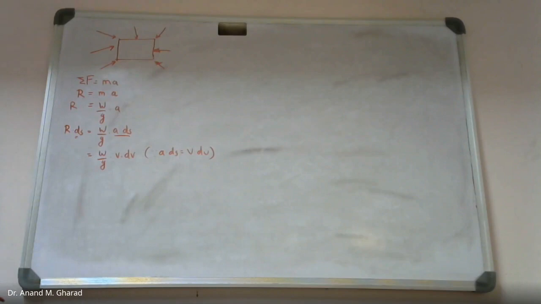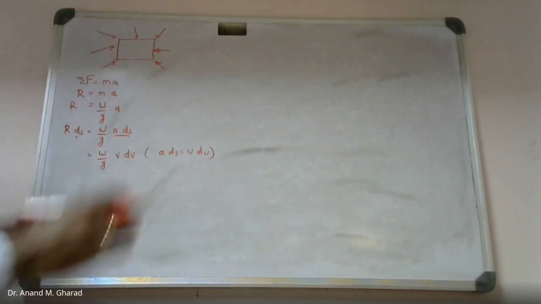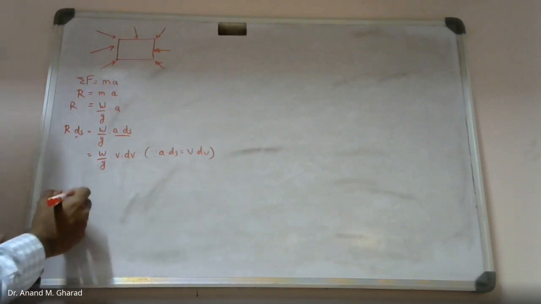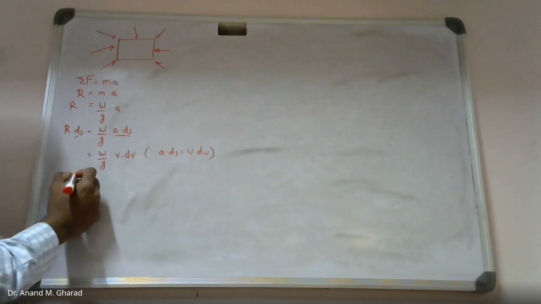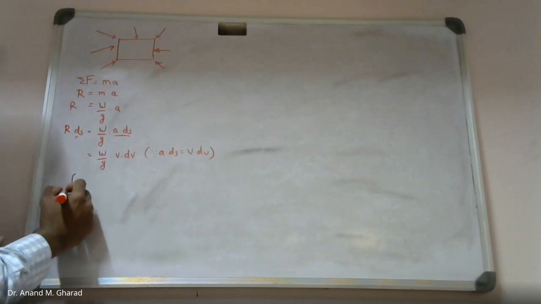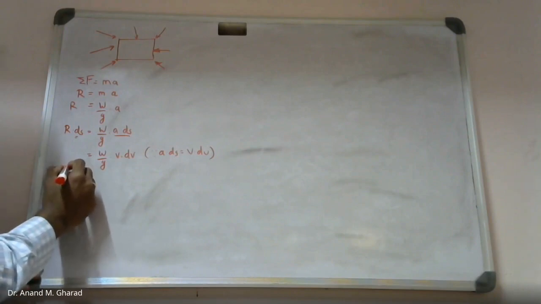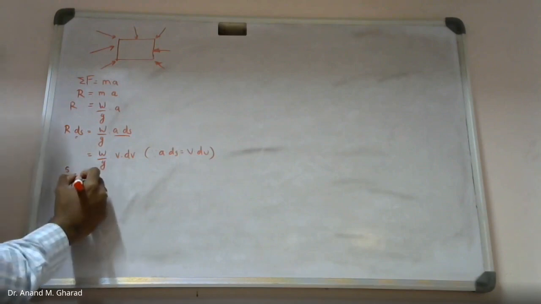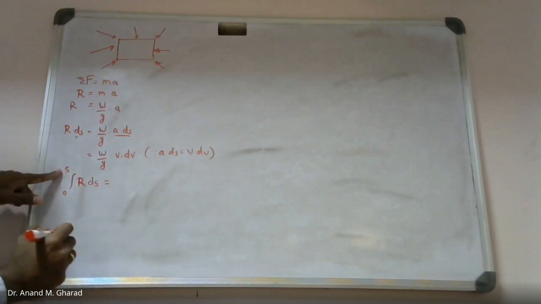If we want to check the response of this rigid body for a very large displacement value, or some finite value which is not zero, then I can integrate this from some initial displacement, which was at zero level or at rest, to some finite value of s.